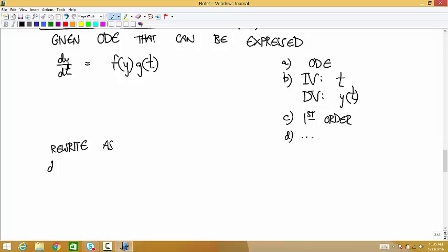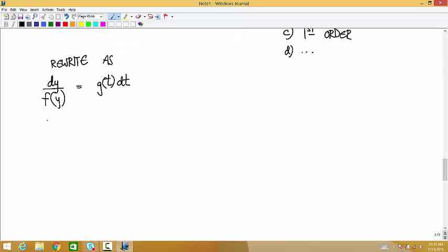So we have dy over f of y is equal to g of t dt. And then you can integrate both sides.